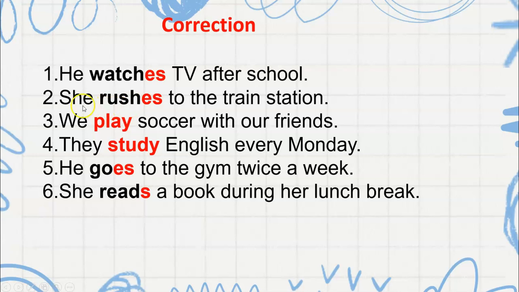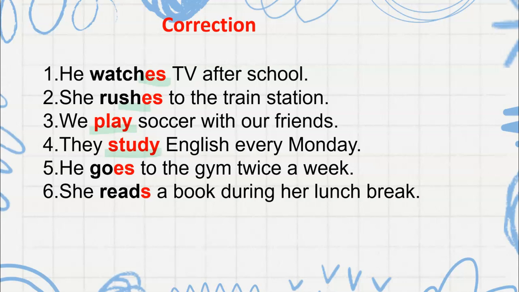You have he watches, she rushes, we play, they study, he goes, and she reads. As you see here, we put ES because you have he and you have CH. Here again you have SH with she. Here we put nothing for the verb because we have the subject we.